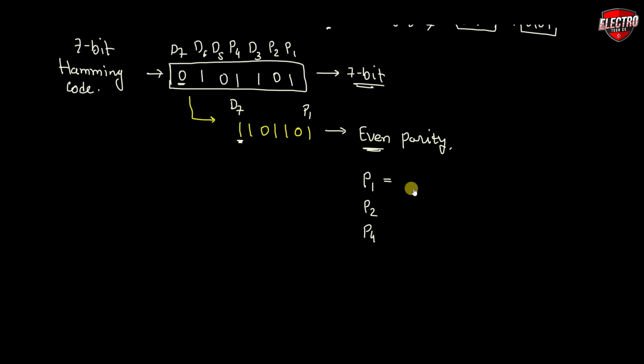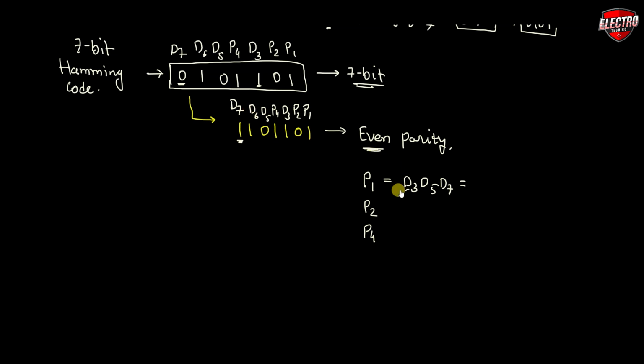So as we discussed earlier, parity bit P1 depends on D3, D5 and D7. So in our case, P1 is equal to 1, then P2, then D3, P4, D5 and D6.